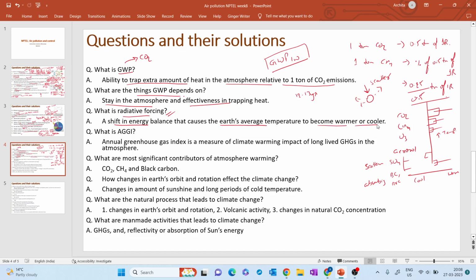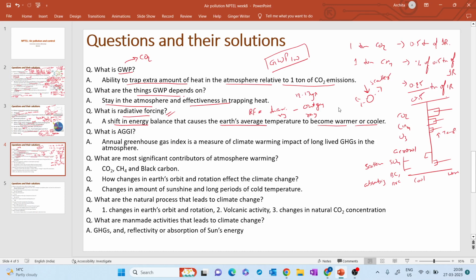So generally the overall temperature of earth changes between warming and cooling depending on the concentration of these pollutants, but in the shortest form you can say radiative forcing is the incoming radiation minus the outgoing radiation.